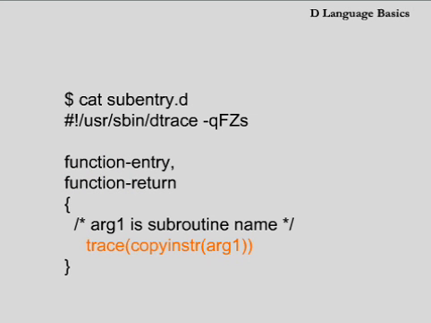So what trace does is it says, I want you to keep track of where we are in the code path. So every time I enter a subroutine, I want you to increment a level counter, and I want you to copy the name of the subroutine and store that in a buffer inside the kernel. And in this particular case, because we didn't specify otherwise, DTrace is going to output that to standard out.